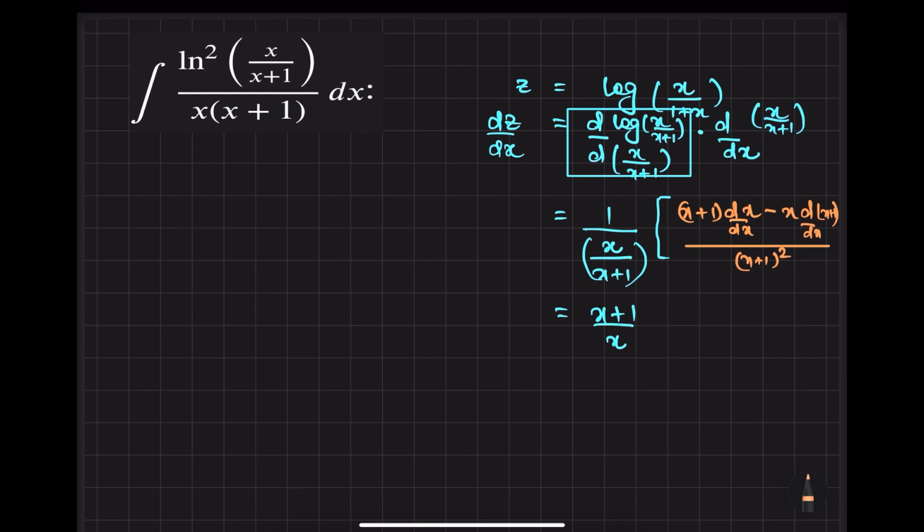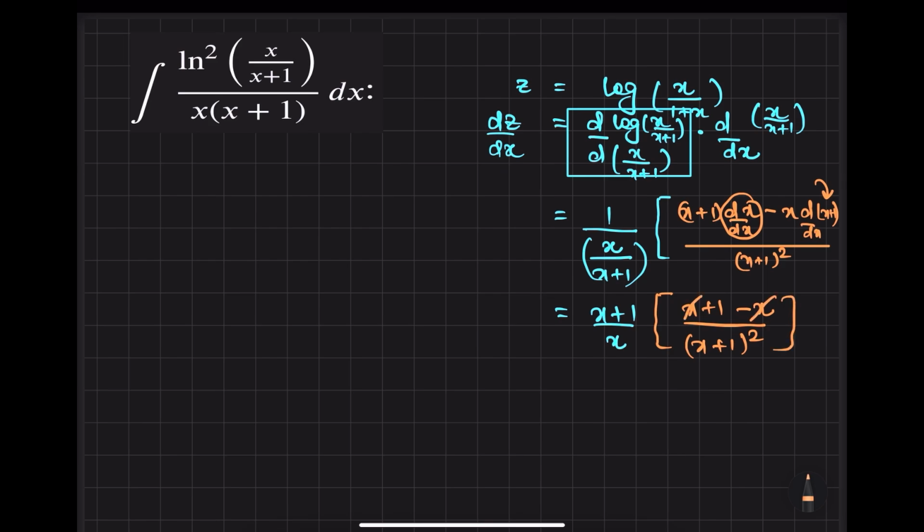Now look at this. You know that the differentiation of x is 1. So we have x plus 1. Differentiation of x is 1, differentiation of 1 is 0. So we have minus x upon x plus 1 whole square.